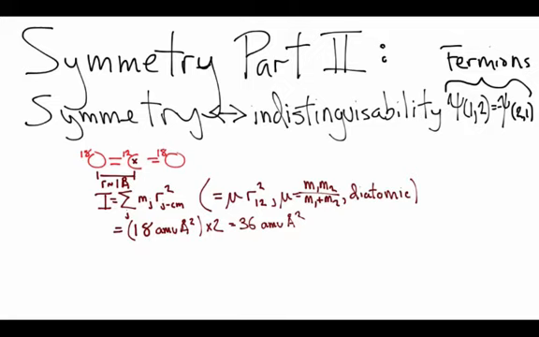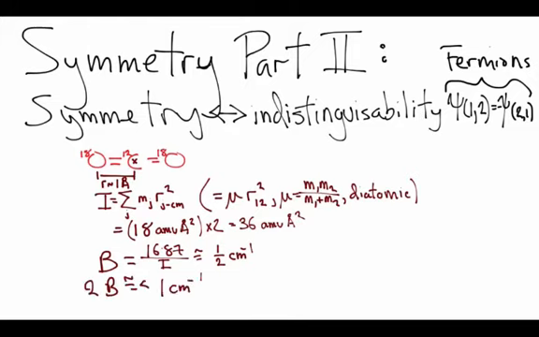Bonds are always about an angstrom, and I have a mass of 18, so I get about 36 AMU angstroms squared. If you remember, the B value is 16.87 over I, and that's relatively close to half a wave number. Now the important number for rotations is 2B. If you remember, the line spacing for rotational transitions is twice the rotational constant. 2B is about 1 wave number.